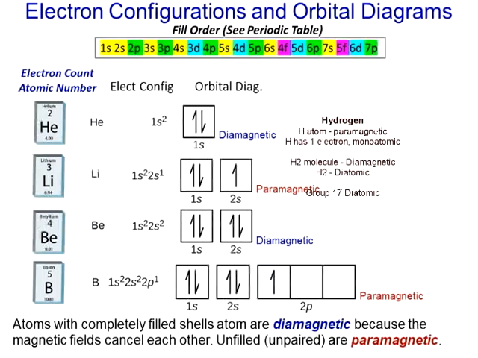It is H2. Therefore, it is diamagnetic. It is a diatomic. You get it now? A diatomic element in its elemental state. So is oxygen, nitrogen, and all of group 17. They are all diatomic because they exist in their elemental state as dimers. They don't have an unpaired electron in their elemental state.